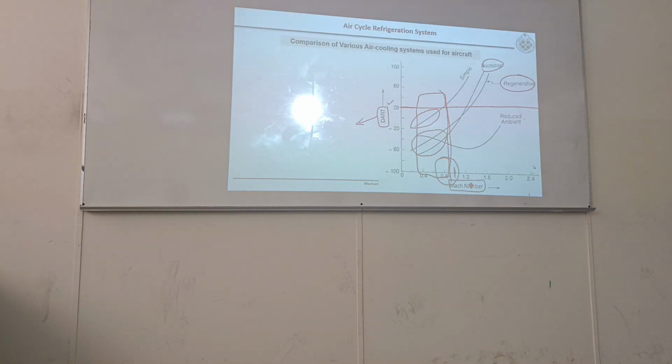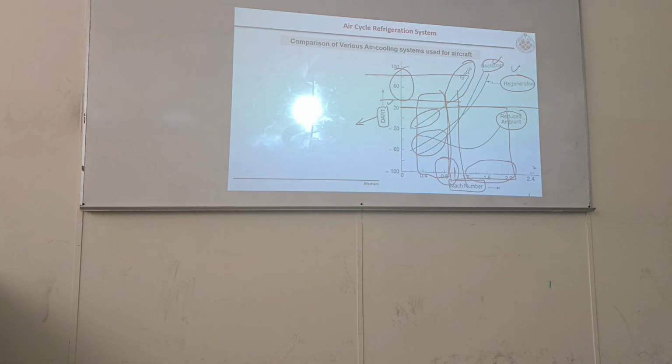Now for supersonic velocities in this range, your simple cooling system cannot provide the required temperatures. So you have to go for these two or reduced ambient if the Mach number is so high.